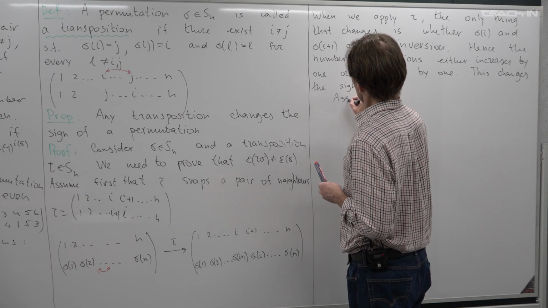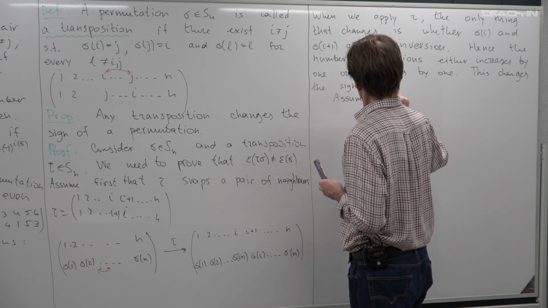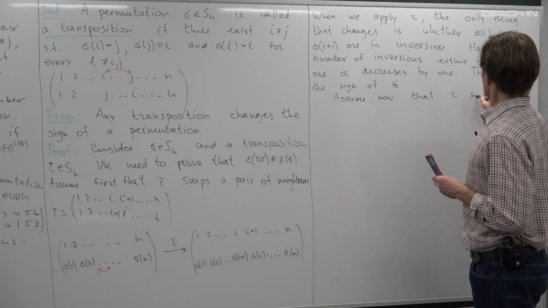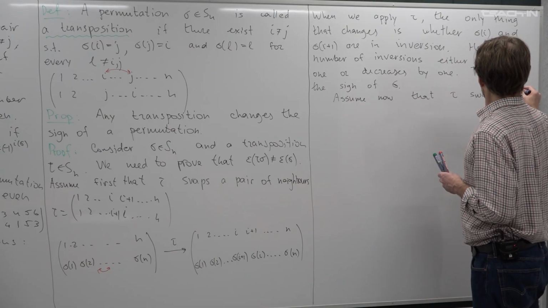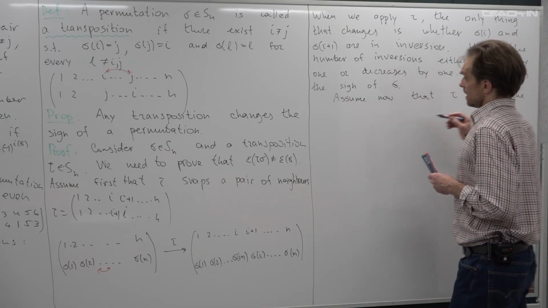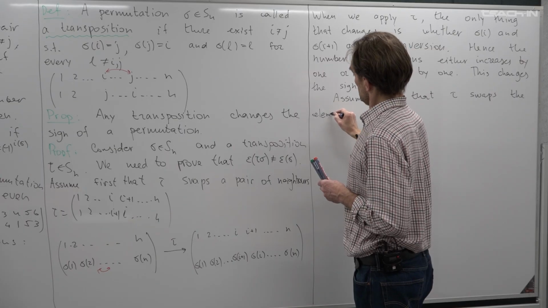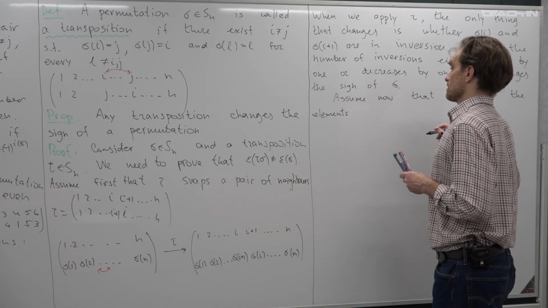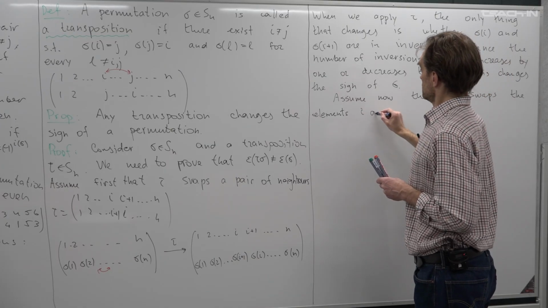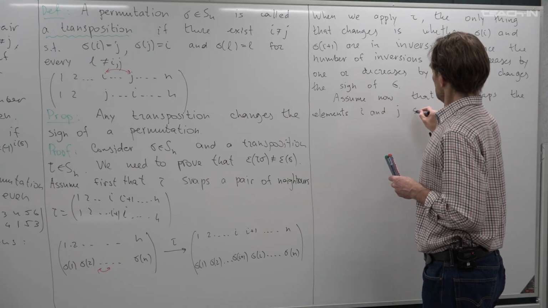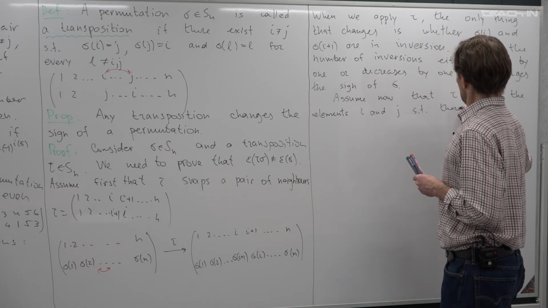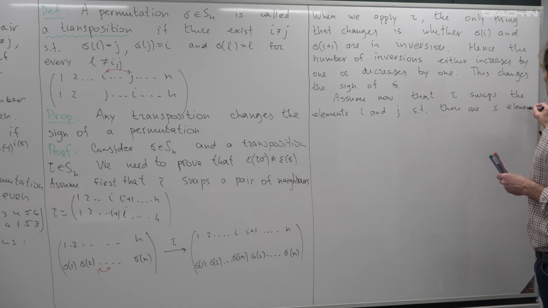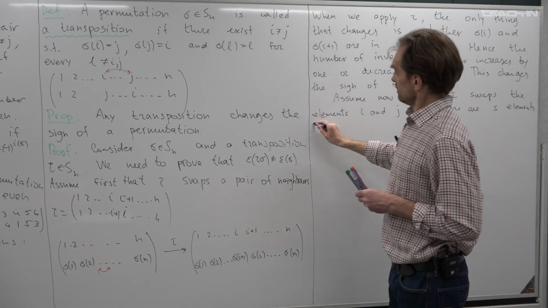Assume now that tau swaps the elements i and j such that there are s elements in between.